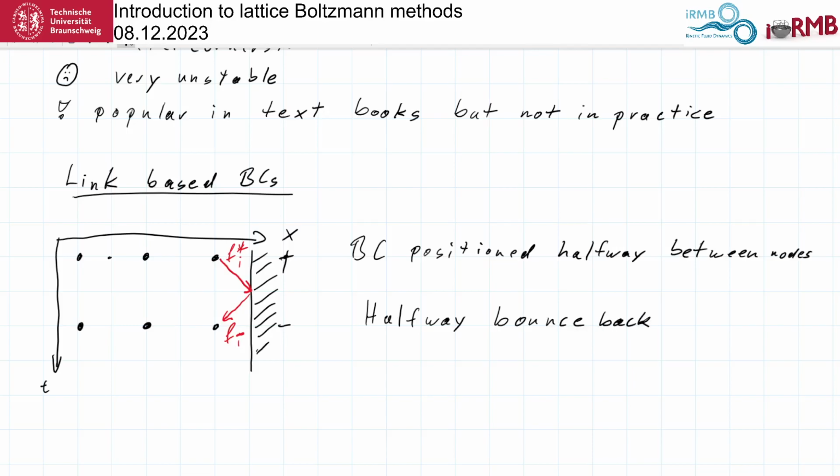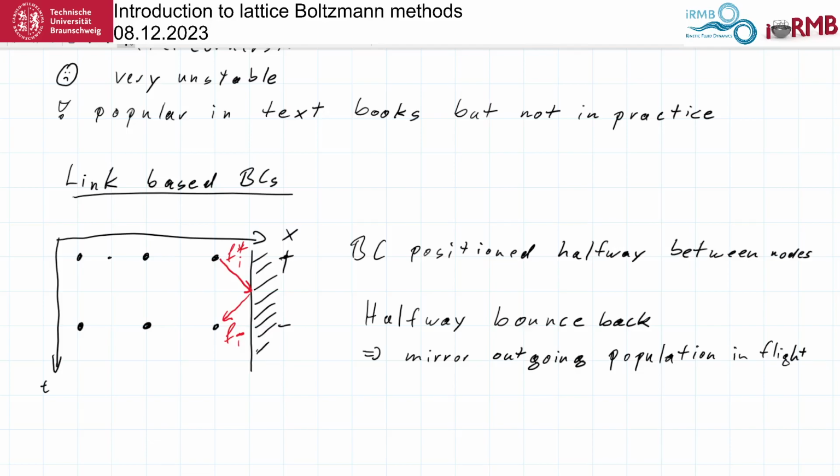So, halfway bounce back. This is more or less a mirror for the populations in their flight. The outgoing, the mirror of the outgoing, not distribution, so this is the wrong word, population, in flight.